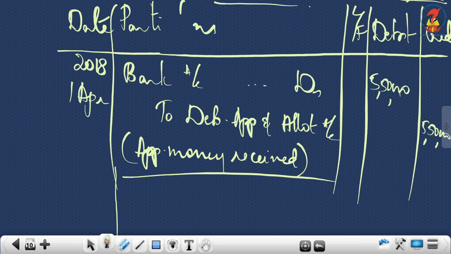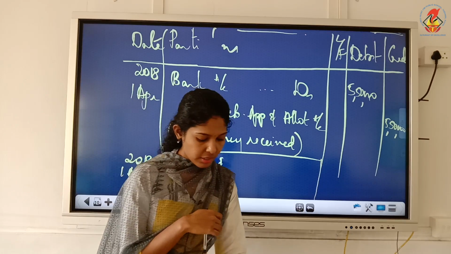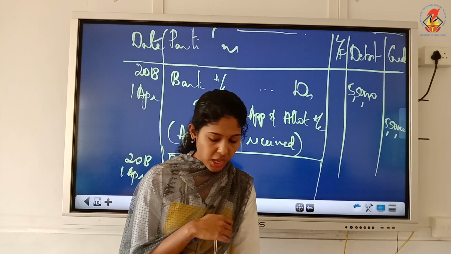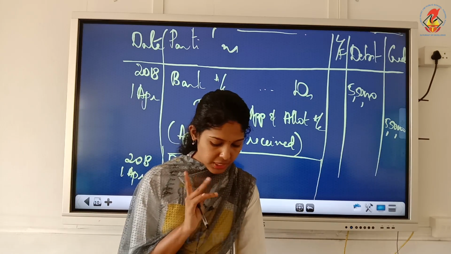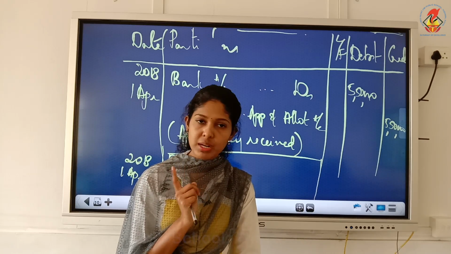Now the second entry, second entry on the same date, we will write debenture. So here we have to see whether we are issuing debentures at premium or redeeming debentures at premium. Here nothing is given, like issued at 10 and redeemable at par.